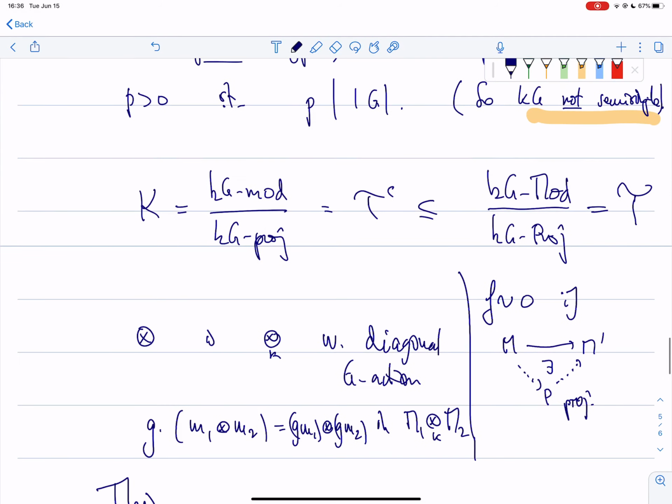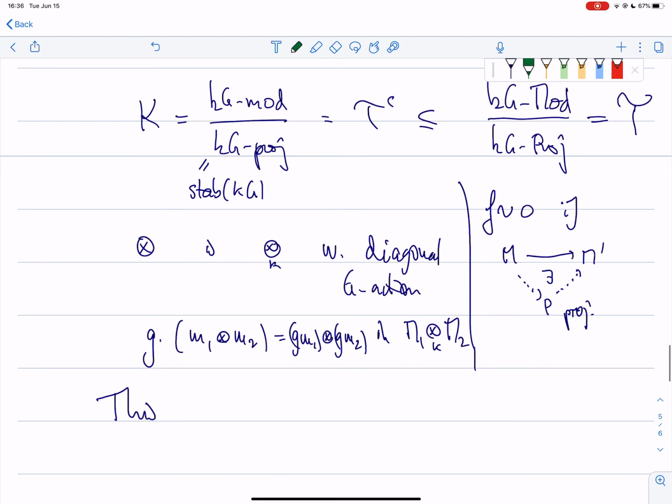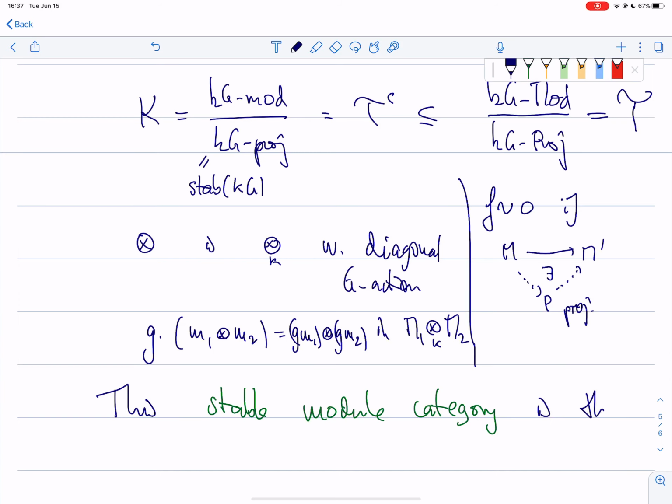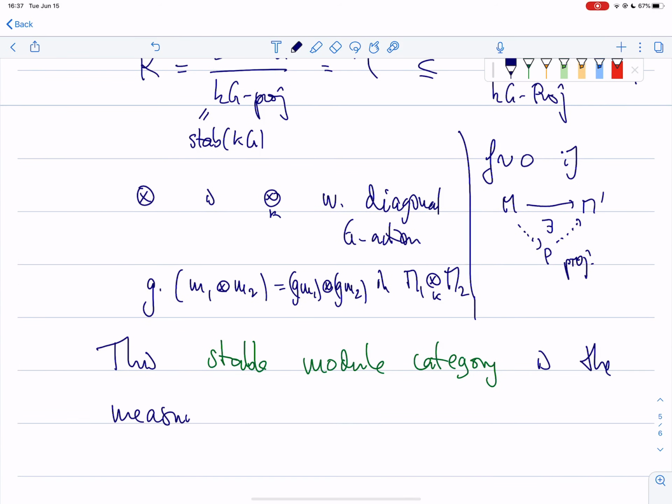Oh, by the way, maybe I'll use a notation for that: the small s-stab of KG and the big S-stab of KG for the stable module categories. So these stable module categories, the big or the small if you want, are the measure of the modularity of the story, of how non-semi-simple KG is.